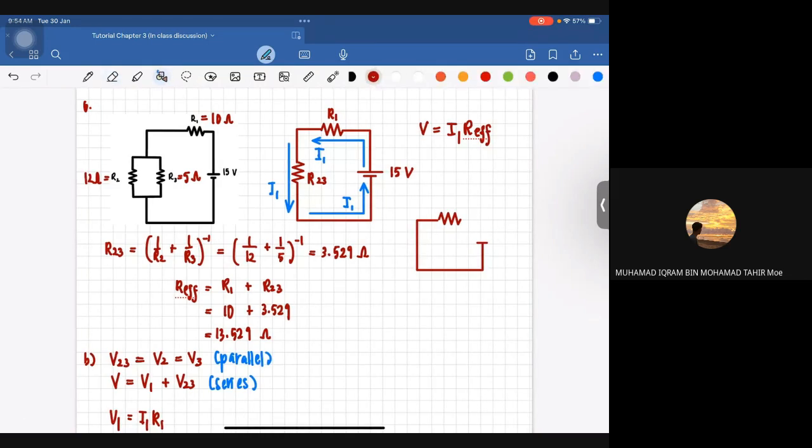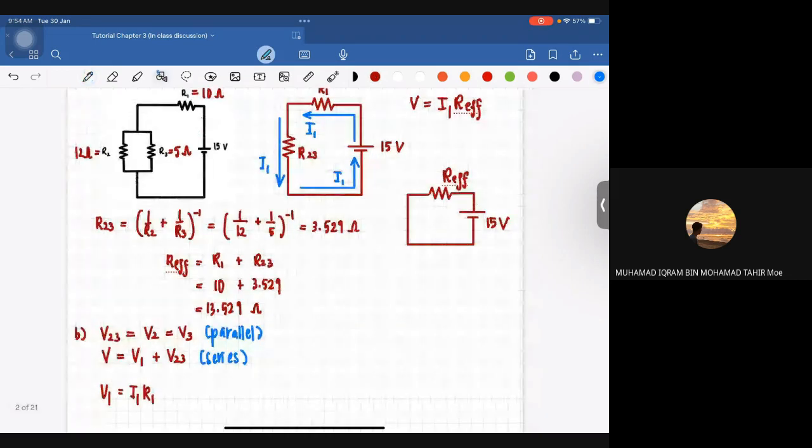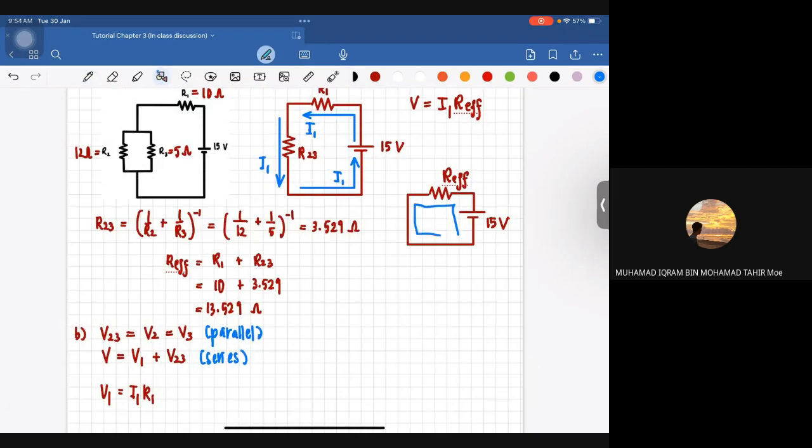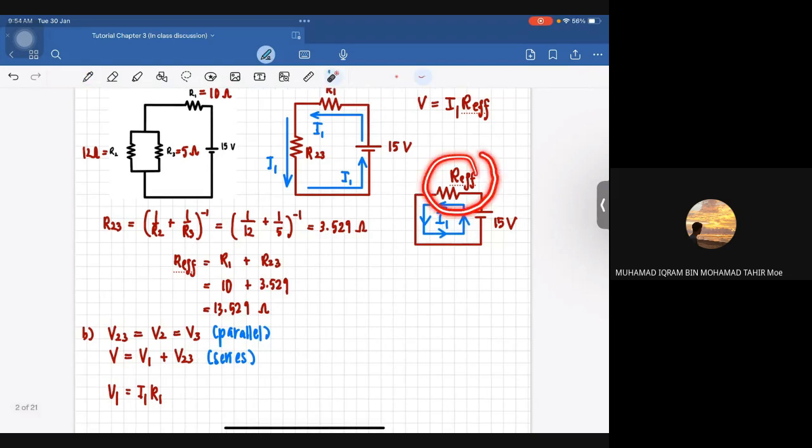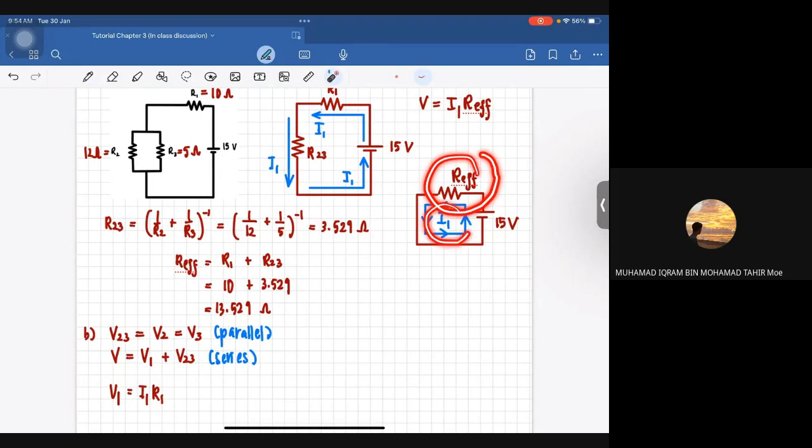Yang ini adalah our effective resistance. Yang ini 15 volt. Kiranya current yang flow di sini ni adalah I1. Okay, so kiranya kita boleh guna effective resistance ni untuk cari I1.